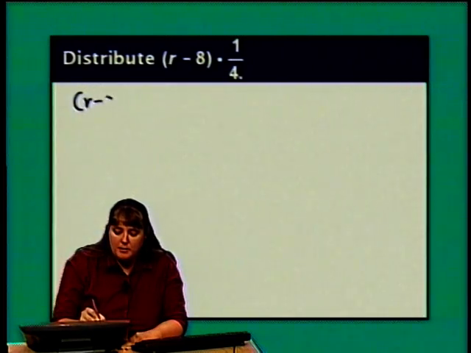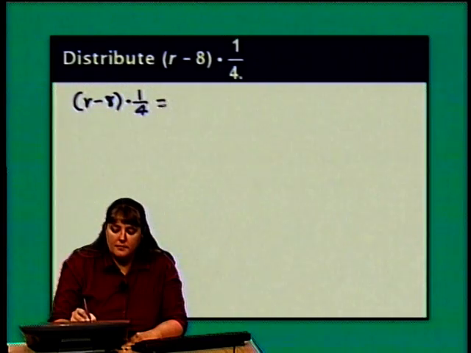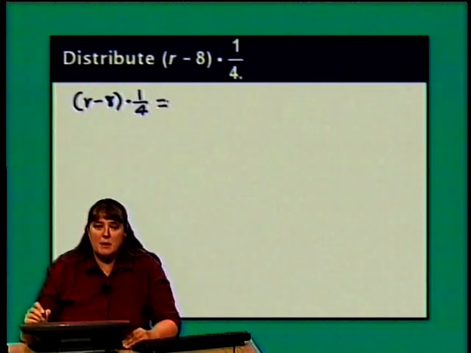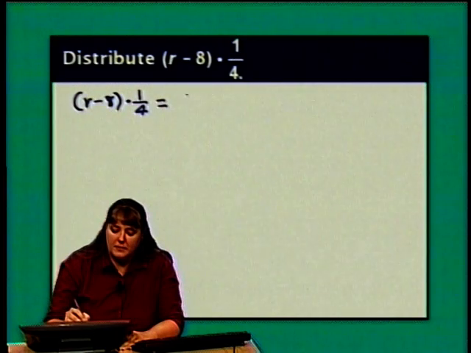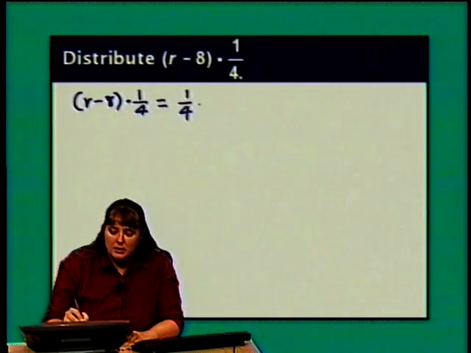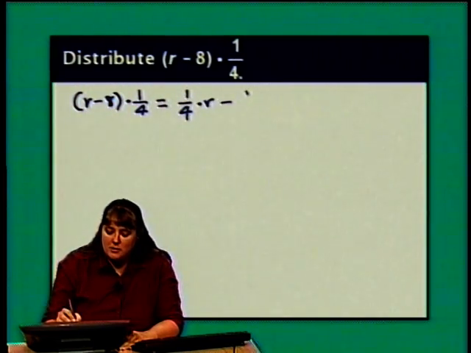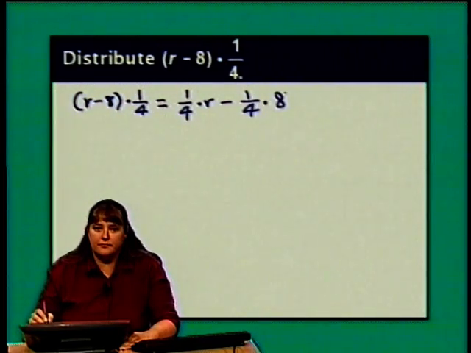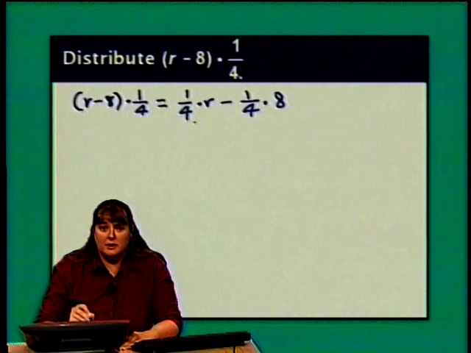What about r minus 8 times 1/4? This time I'm just going to do the commutative property of multiplication in my head. I know I need to distribute the 1/4 to both the r and to the 8. So I have 1/4 times r minus 1/4 times 8. 1/4 times r we can simply write as 1/4 r.